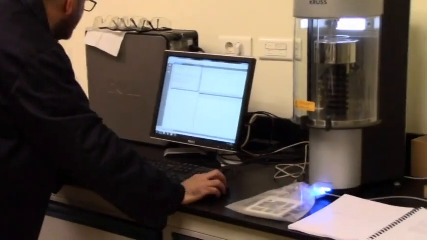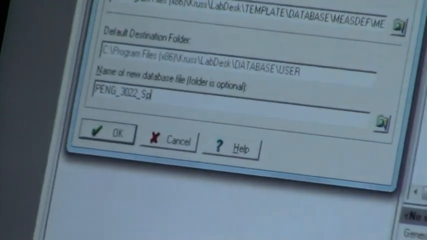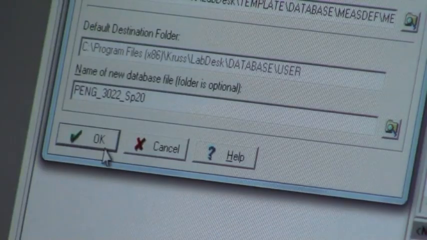I can close this database first. So I create a new database in this path and name it bench 3022, string 20. Now I can create a new measurement.